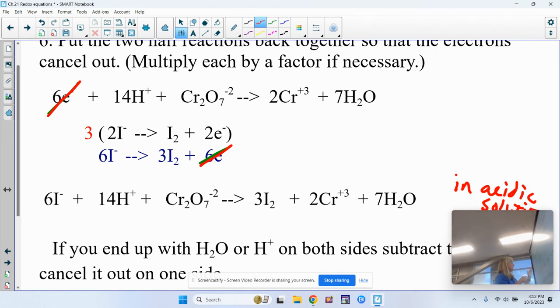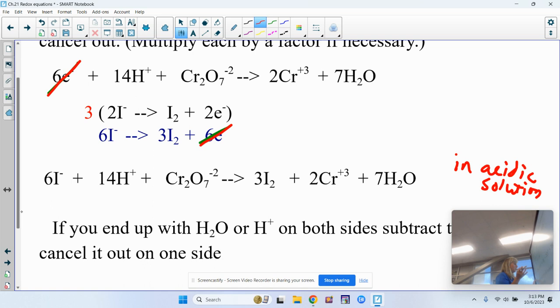So I had 6 I minuses from this one on the reactant side, 14 H pluses, and a Cr2O7 minus 2 on the reactant side. That takes care of the reactants from both. And then the products, I had 3 I2s in this one, and then I had 2 Cr plus 3s and 7 waters in that one. And that is a balanced equation now.